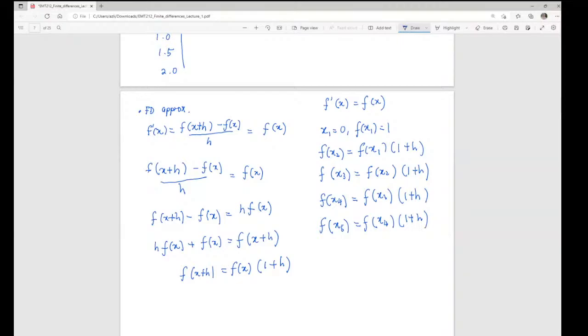So what is the value? Calculate this, and this is what we are doing.